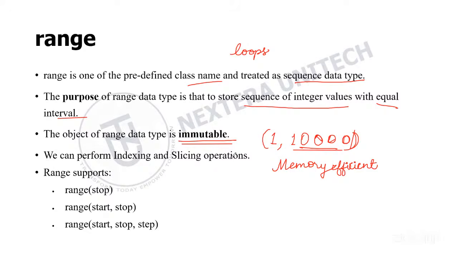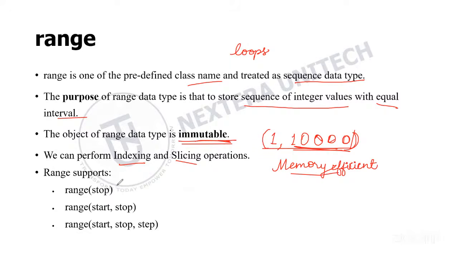Range doesn't store values in the memory. It will just generate them when they are needed. So when this is called, it will generate the values. It will not store any values inside. Range supports indexing and slicing operations, and it is immutable to be memory efficient. For example, we have three syntaxes for range.